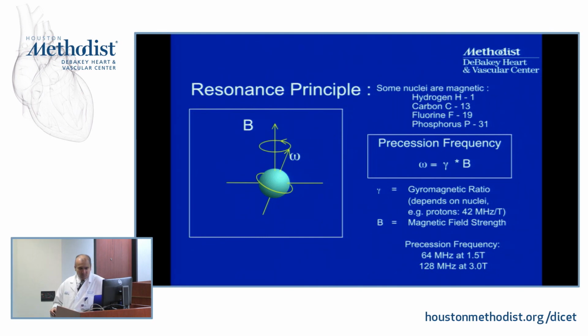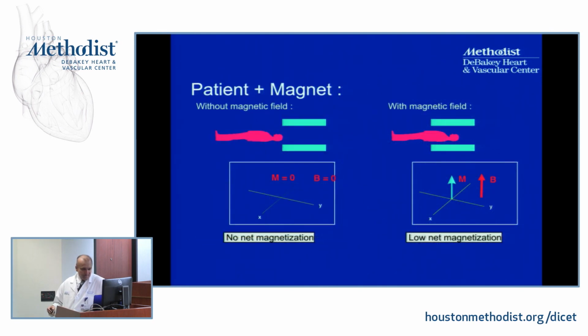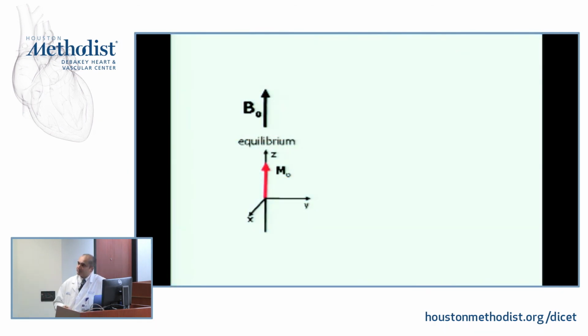And when you put a patient into the magnetic field, into a magnet, then you cause a magnetization to occur, so that these protons now spin around at 64 megahertz if it's a 1.5 Tesla scanner, or 128 megahertz if it's a 3T scanner. And then obviously you can do the math. If it's a 7T scanner, they're going to be spinning around even faster.